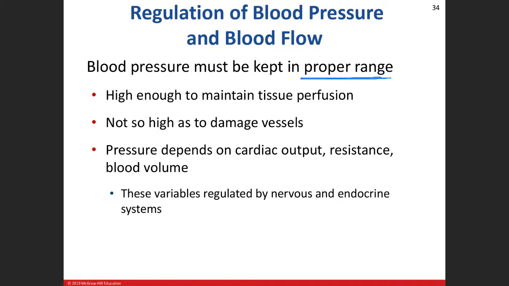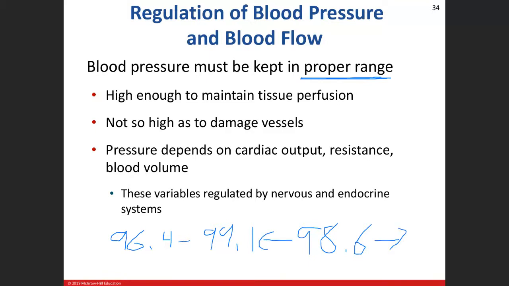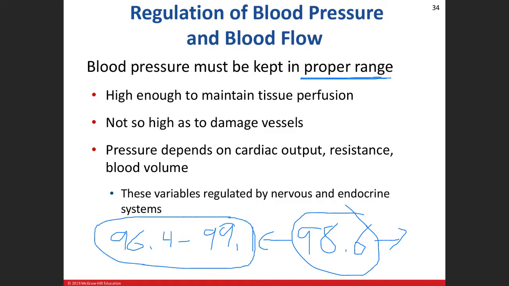It fluctuates in a range of 96.4 to 99.1. The set point is 98.6. Your body likes to keep it there, but sometimes it goes a little higher and sometimes a little lower. This is the normal range. If your body temperature is in this range, you're considered normal.